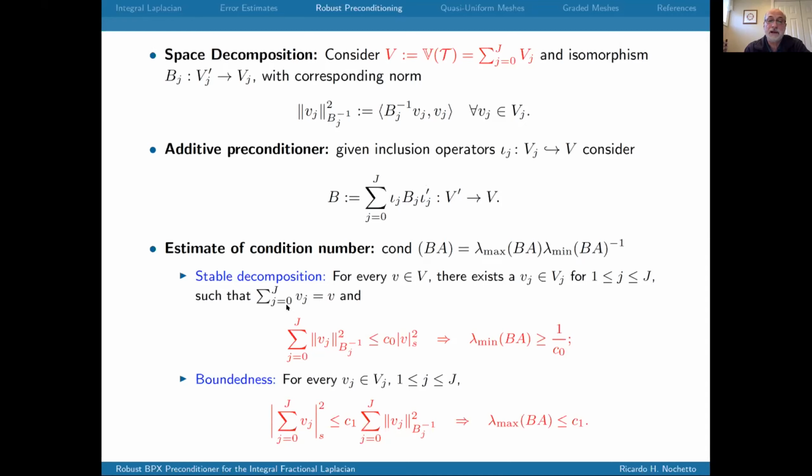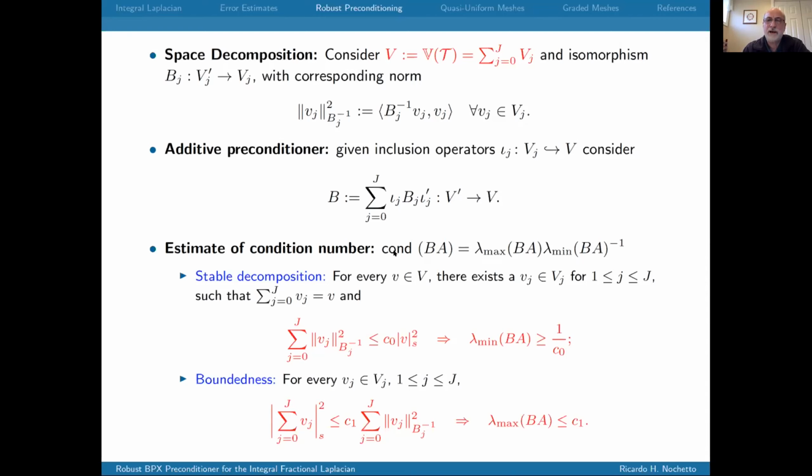The sum of these, I would say, weighted L2 norms is bounded by the H^S norm, and that gives a lower bound for the minimal eigenvalue. And boundedness: for every decomposition, the H^S norm of the sum is bounded by the sum of the scaled L2 norms. These constants C0 and C1 should be independent of the levels and S, and together these two estimates give us an estimate of the condition number. That's the general theory.